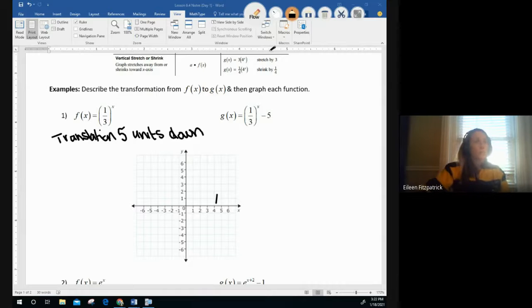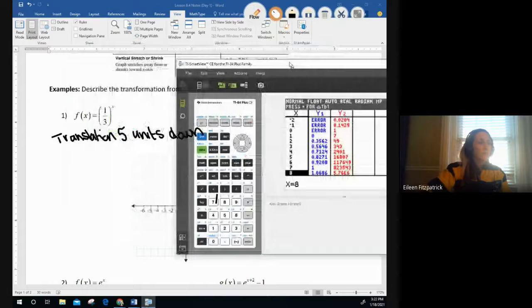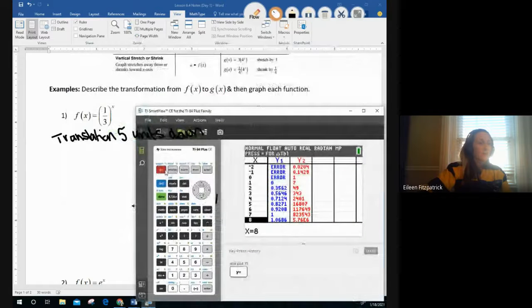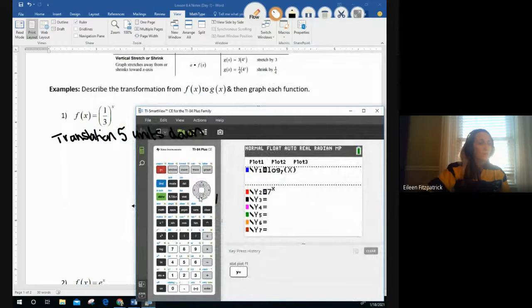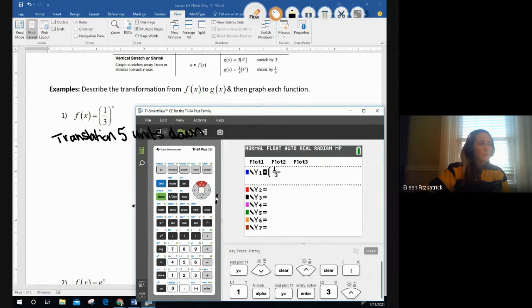To graph, I'm going to grab my graphing calculator. Let me go to y equals and clear out the functions that I have so far. So I have parentheses 1/3 raised to the x.